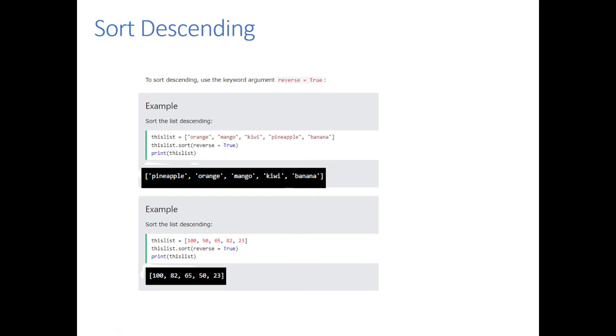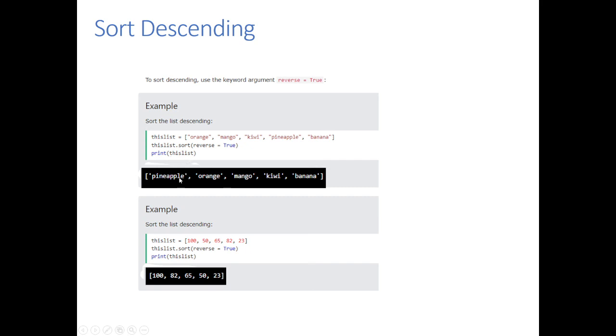How about if you want to sort it in descending order? To sort descending, use the keyword argument reverse equals true. Sort the list in descending order. We have this list equal to orange, mango, kiwi, pineapple, and banana. this list.sort(reverse=True).